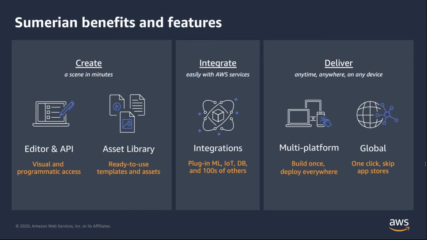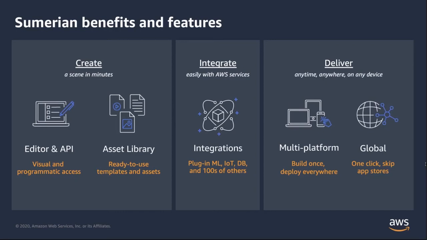But really, any of the AWS services that are available through the regular AWS JavaScript SDK can be used in Sumerian. That even opens up the possibility of integrating third-party JavaScript libraries, because all of Sumerian just runs in the browser using regular web technologies. So you can incorporate third-party JavaScript libraries easily to integrate with any service that you want to use.